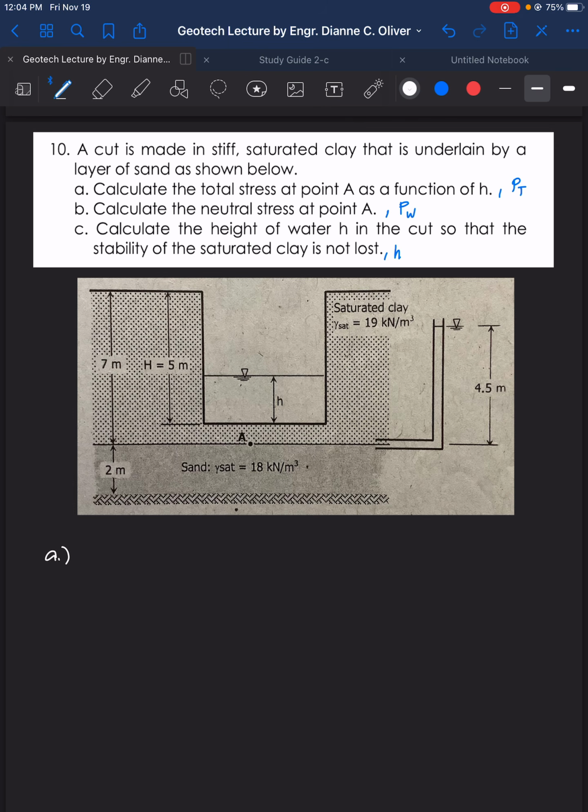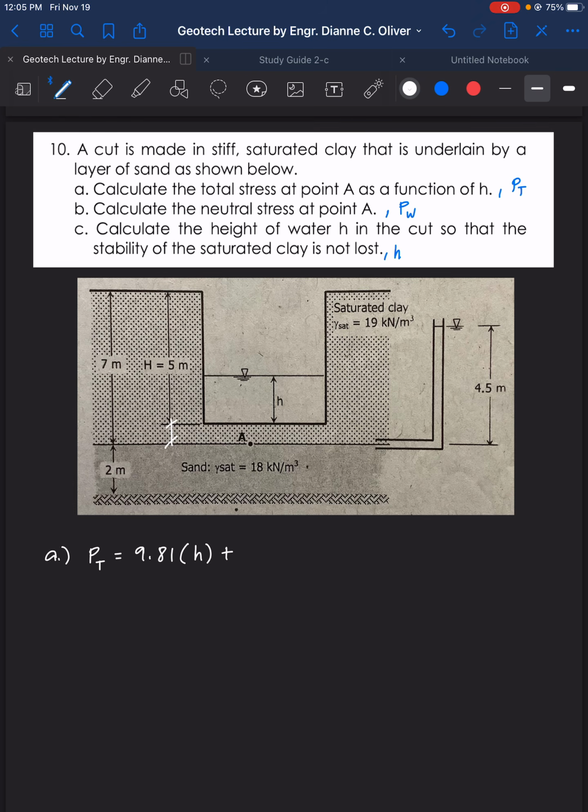We can solve for P total at A already. P total at A is, we have the value 9.81 because it has water over it, so 9.81 times H, plus the saturated clay given as 19, and what is this portion here?